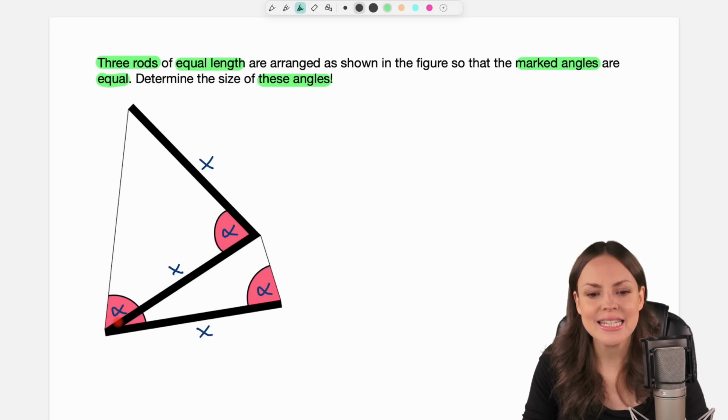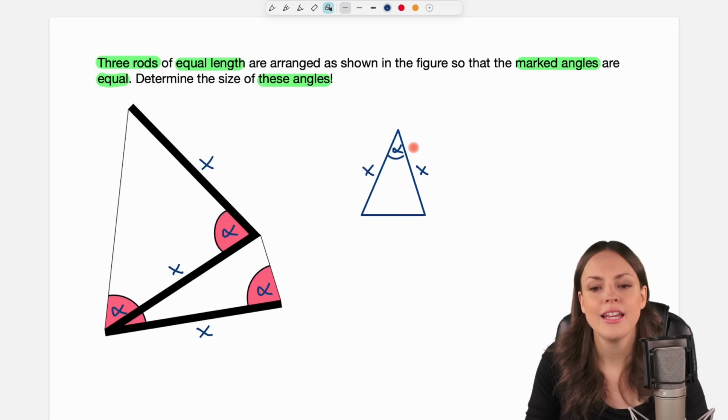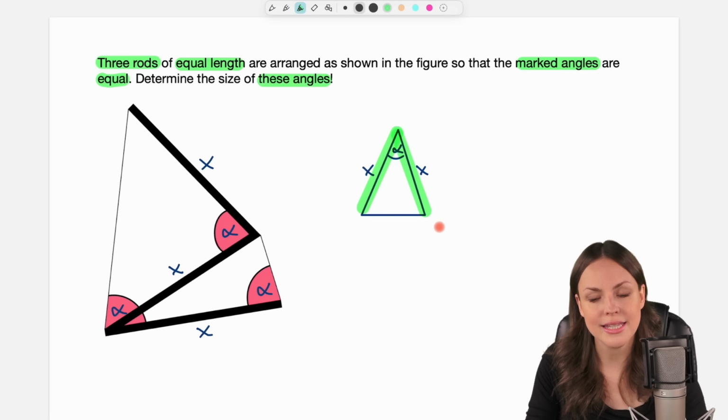Which means if I draw this triangle here and I have x here on the left side and x here on the right side, in between I have my angle alpha, I can see that this side has the same length as this side.